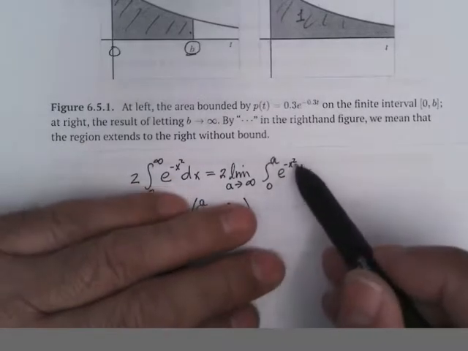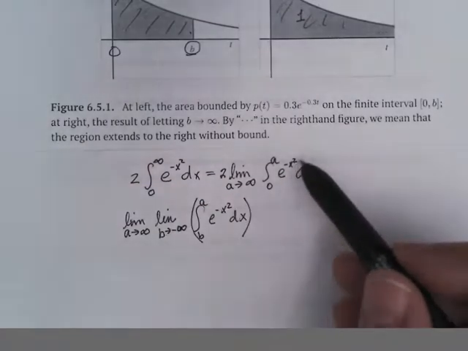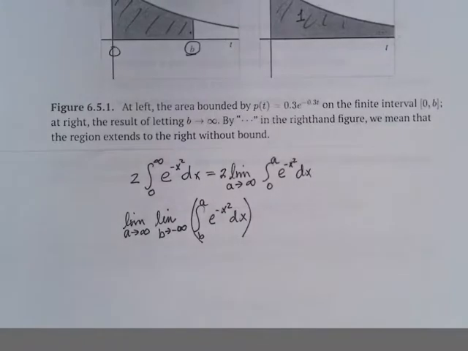Anyway, what is the antiderivative of e to the negative x squared? That one's a little tricky to do. Let's see if we got anything in our formula page for that. And I am not seeing something right away.